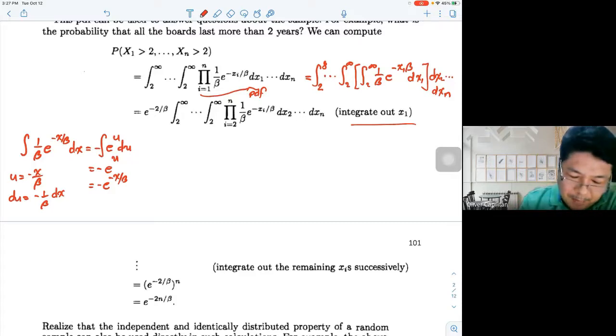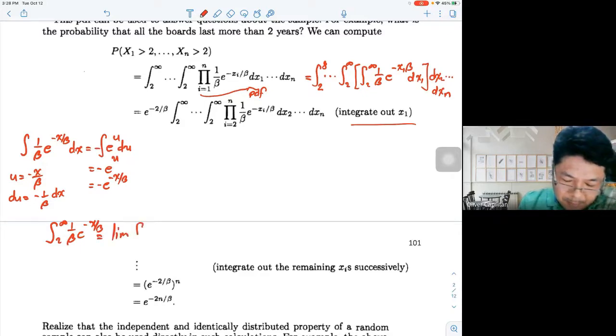So if we have the integral from 2 to infinity of 1 over beta e to the negative x over beta, this is actually equal to the limit, as b approaches positive infinity, of the integral from 2 to b of 1 over beta e to the negative x over beta.